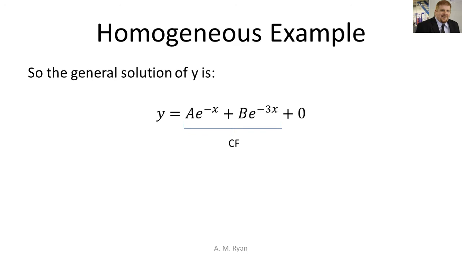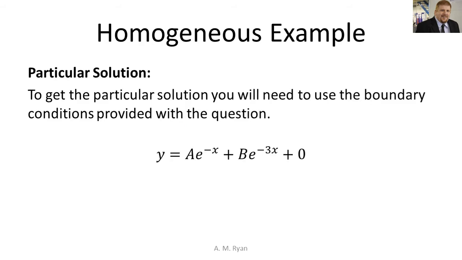That's our complementary function, and that's our particular integral. Our boundary conditions will allow us to work out what a and b are. So our boundary conditions were that x is 0, y is 0, and dy/dx is 2.